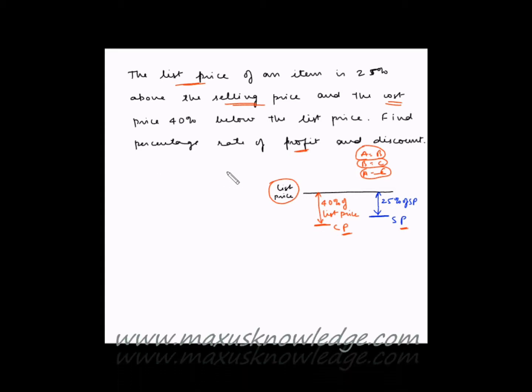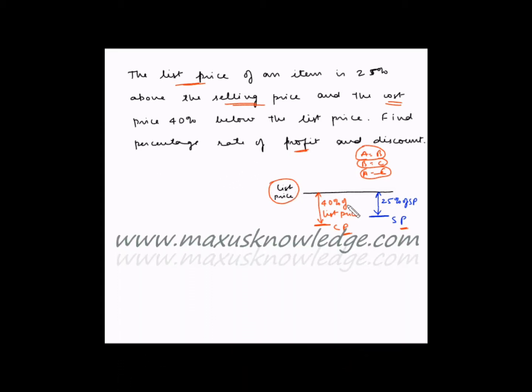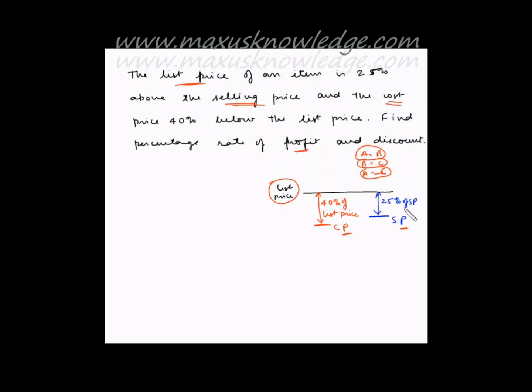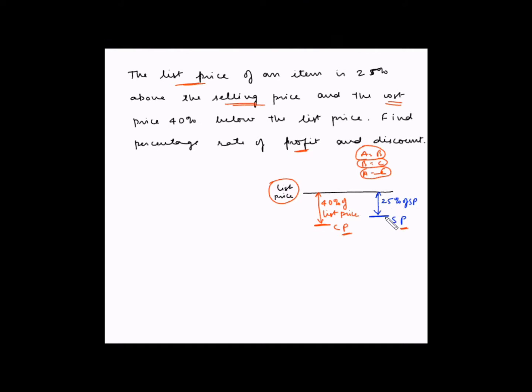So let's take the first relationship, which is list price and selling price. Now this gap is 25% of selling price. So in other terms, the selling price plus 25% of selling price is equal to the list price. So let's note that down. So LP, which is our list price, is equal to SP, which is our selling price, plus 25% of SP.